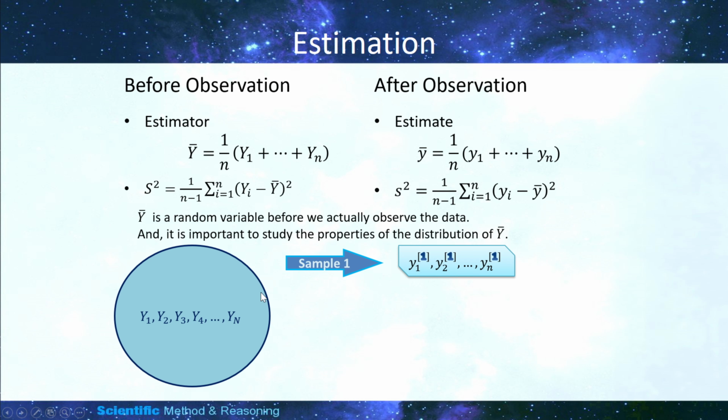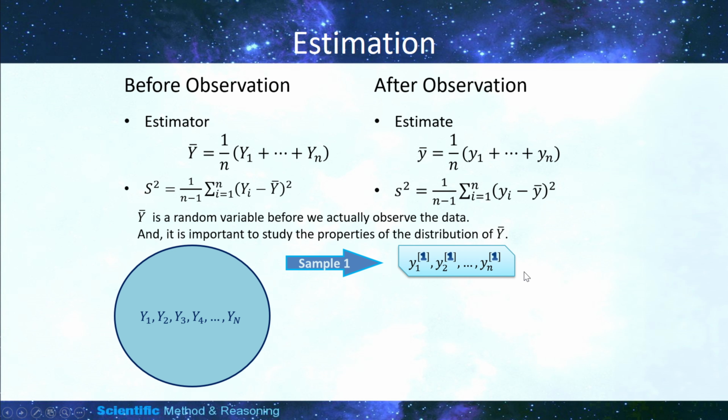For example, this is the population with capital N subjects. To draw a random sample of size n, we will end up with y1 up to yn based on the first sample.